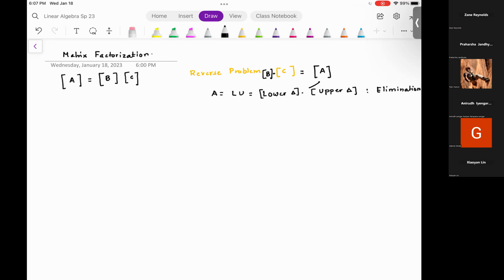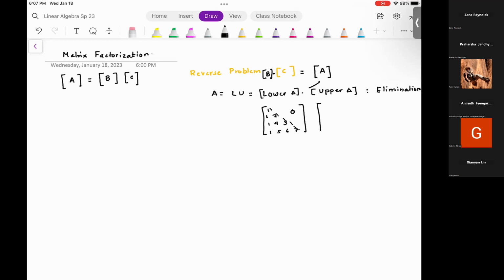Then another important factorization, but I just need to explain what this lower triangular means. The lower triangular means that you have terms here. So there are numbers here, and the upper triangular is 0.